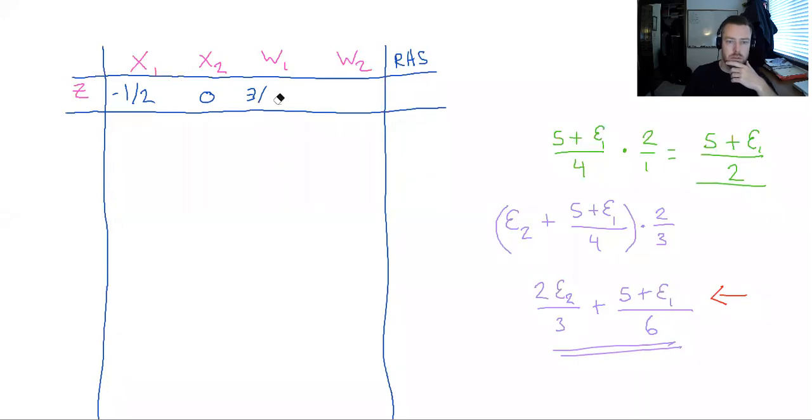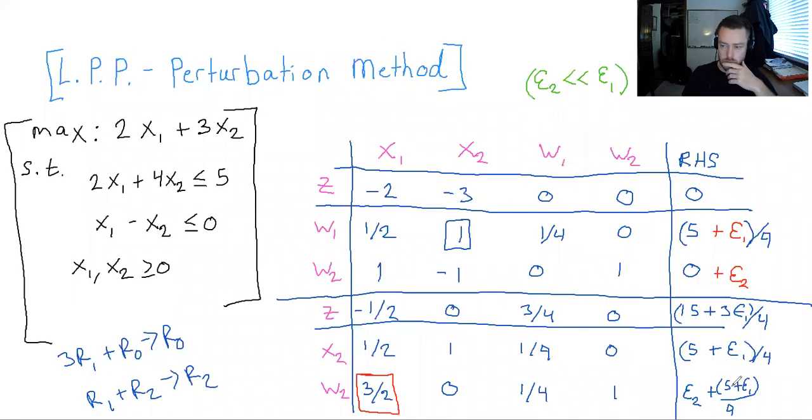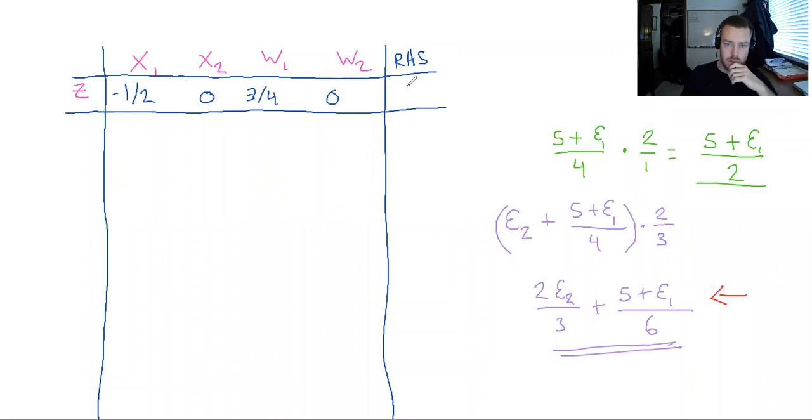Oops. 0 3/4, 0. And it's going to be 15 plus 3 epsilon 1 all divided by 4. It's going to be a little harsh, I know.